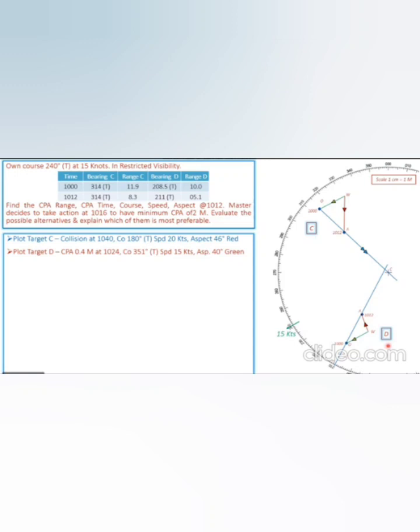Now, if you have a look at the CPA of both the targets, they are indicating either a collision with target Charlie, and with target Delta the CPA is very less, that is 0.4 miles. So there is no major difference in the CPA. But if you have a look at their TCPA, the time to closest point of approach, the TCPA for target Charlie is happening at 10:40, whereas for target Delta it is happening at 10:24.